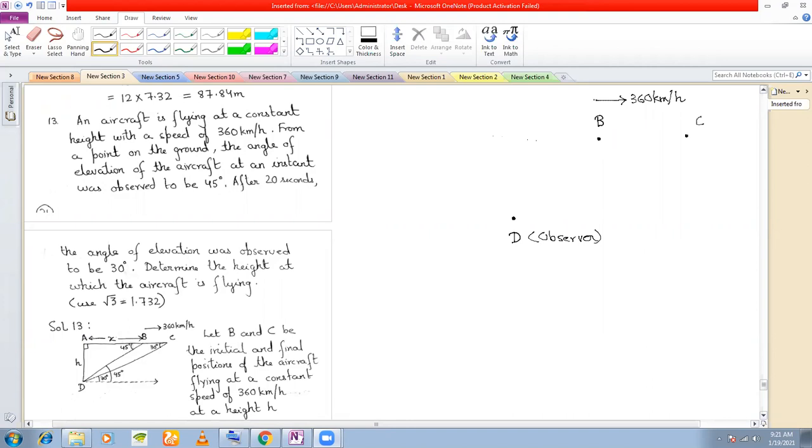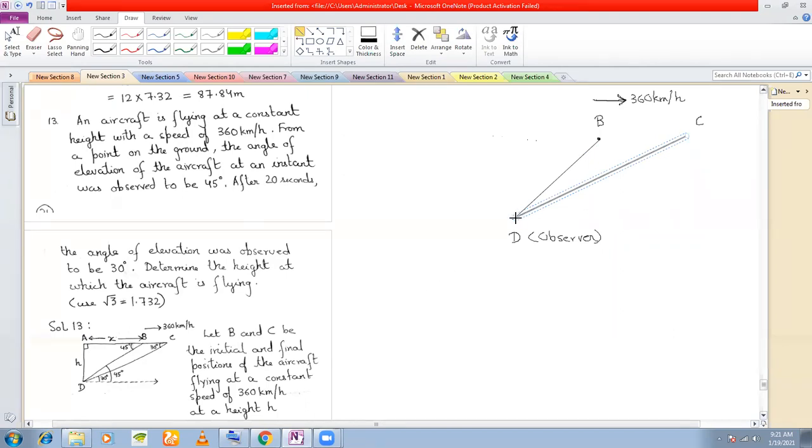That means since the plane is flying in this direction, this must be the line of sight of the observer at first when the plane is at this position, and then this must be the line of sight of the observer when the plane is at this position. Fine.